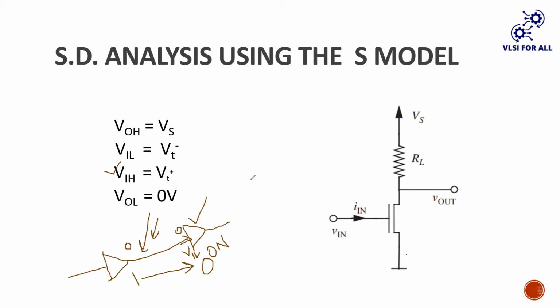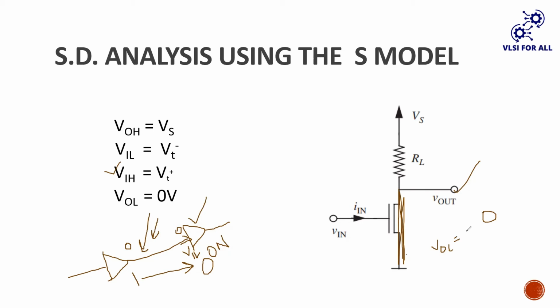Similarly, guys, VOL. VOL means the output voltage. What is the output voltage to be recognized as logic 0? To recognize logic 0, the output acts like a short circuit. That means VOL is 0 volts only.